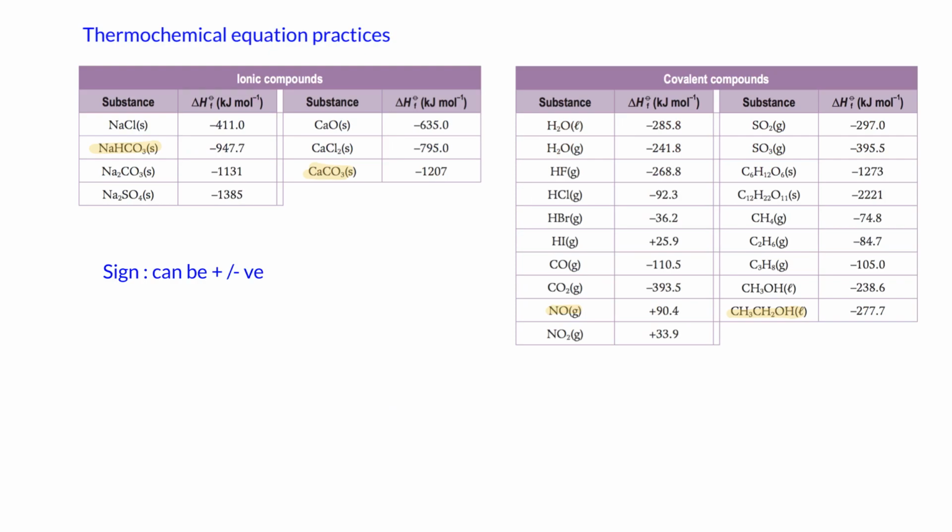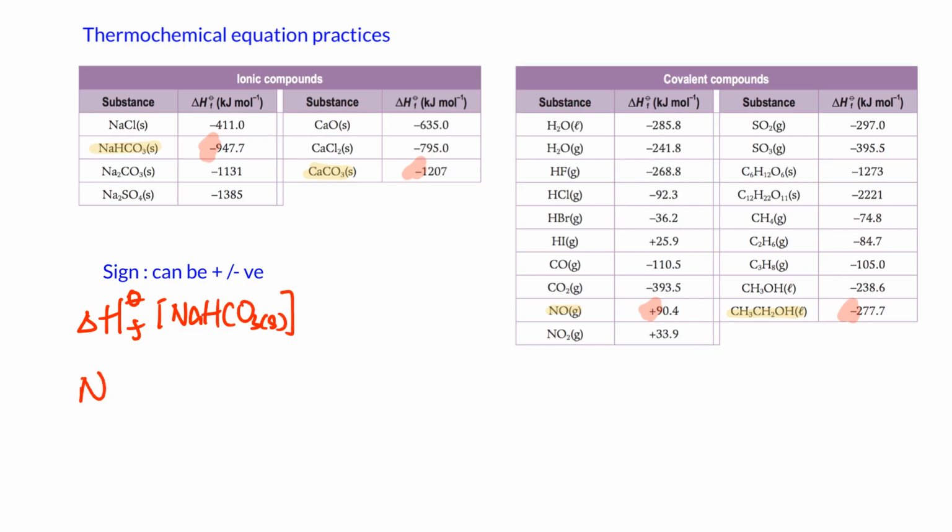So have some practice with thermochemical equations. Remember the sign can be positive or negative; it really depends on which elements you're talking about. Some of them are negative, some are positive. So a quick one: the formation of NaHCO3.